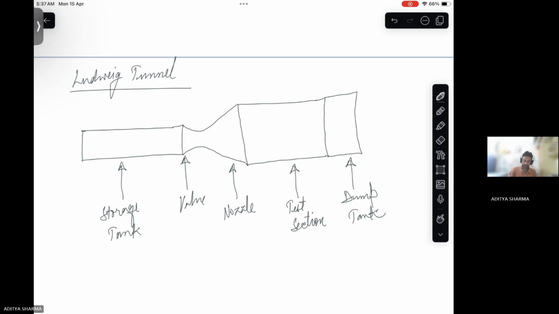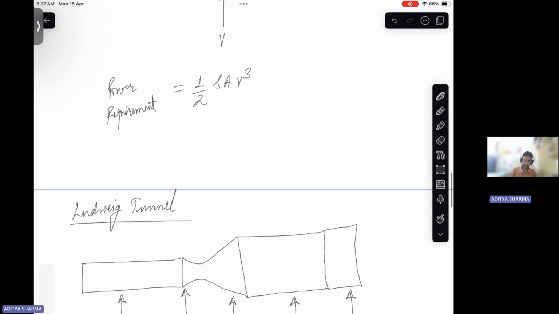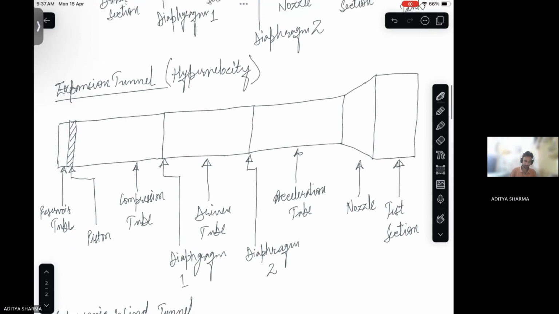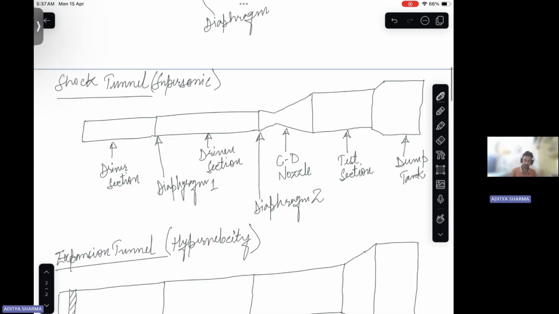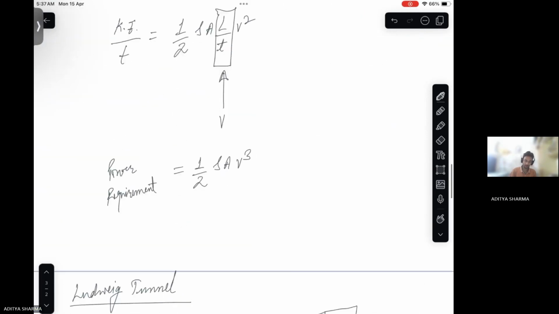This enters the test section, and after that, the flow is dumped in a dump tank. If you see the schematic of a shock tunnel, there also we have used a dump tank.